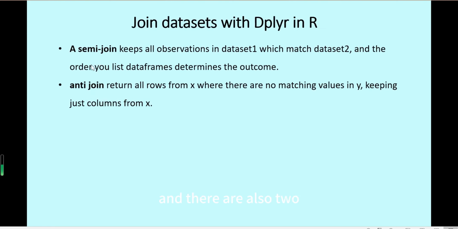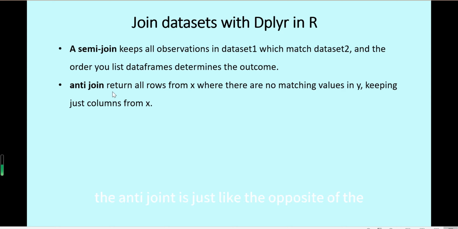And there are also two functions called semi-join and anti-join. Semi-join will keep observations in data frame 1 and will check information from data frame 2. So if some observation IDs occur in both data frames, then the information from data frame 1 for these IDs will be returned in the result data frame.